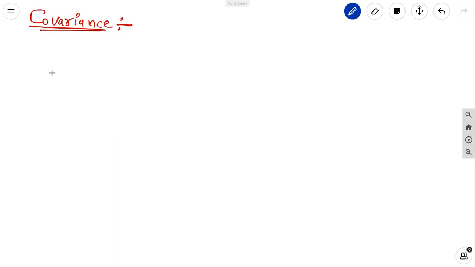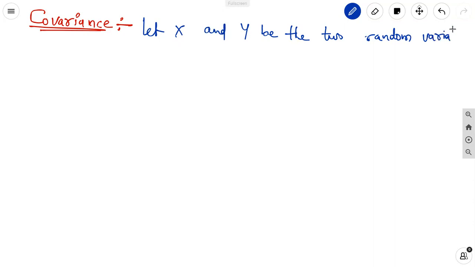product. That is, let capital X and capital Y be two random variables with means X bar and Y bar respectively.